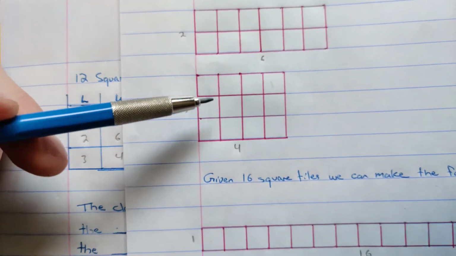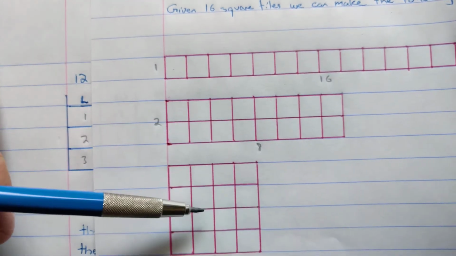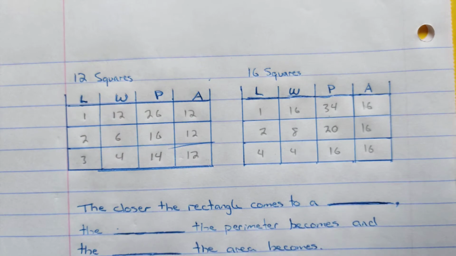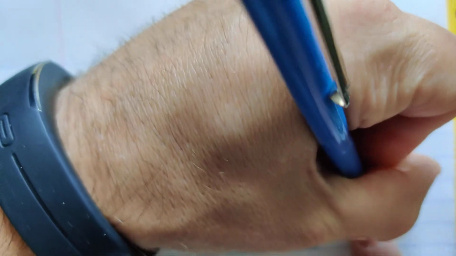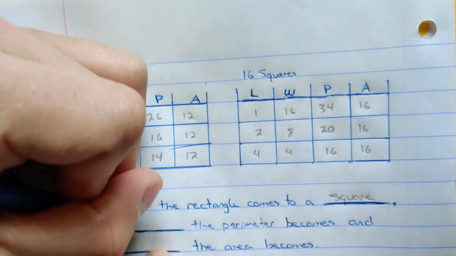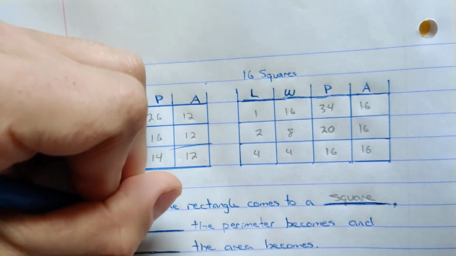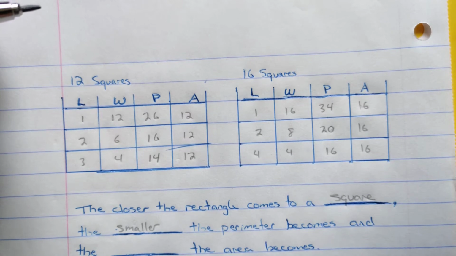So as this gets closer to a square, the perimeter decreases. The closer a rectangle comes to a square, the smaller the perimeter becomes.